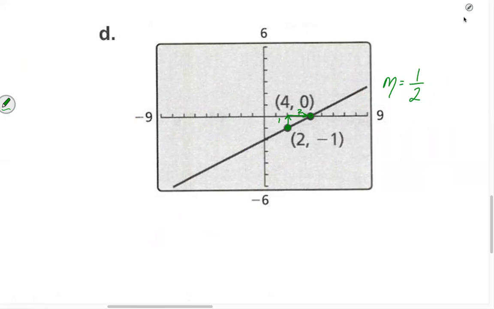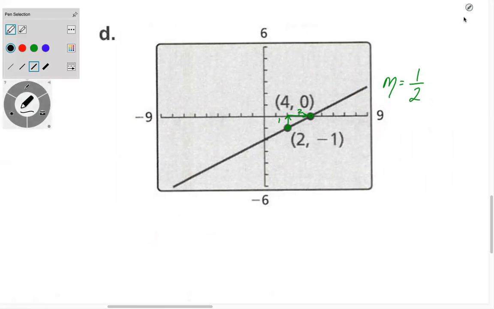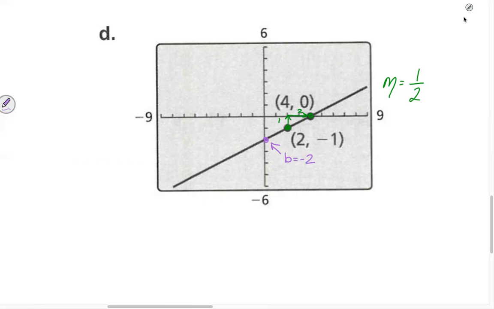What is my y-intercept, Emma? -2? -2. So Emma, what's the equation of my line? y equals 1/2 x minus 2. There you go.